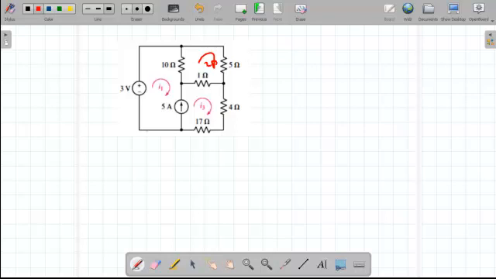Here, you can see, it's the same circuit that we have just analyzed. Yes, this is the super mesh, so we can straightforwardly write our equation.